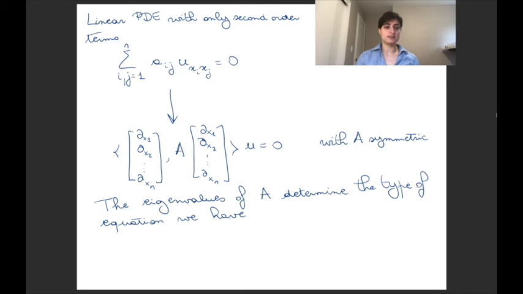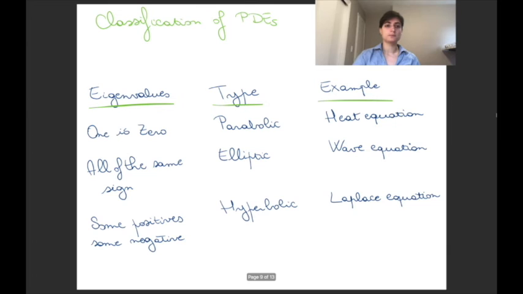We looked at cases in which capital A is a constant, so we can study the eigenvalues of this capital A. And if we study the eigenvalues of capital A, we can determine the type of equation we have. And we have been studying 3 examples of the 3 types of equations that you can end up having.